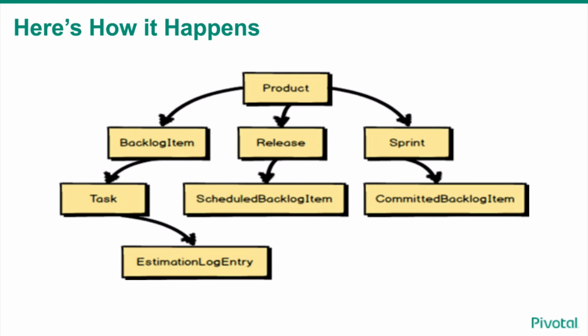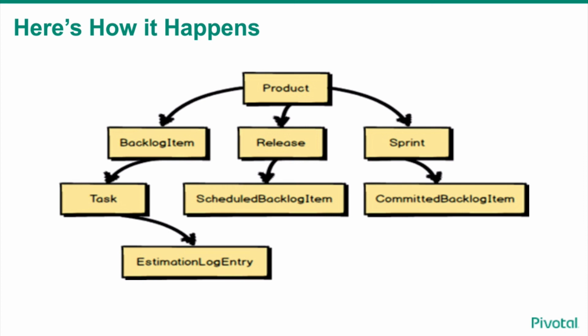Here's how I see the modeling efforts go bad a lot of times. We start out with a simple model, and here I'm introducing a Scrum project management tool and the model for that tool.